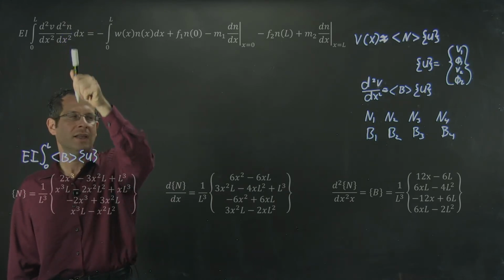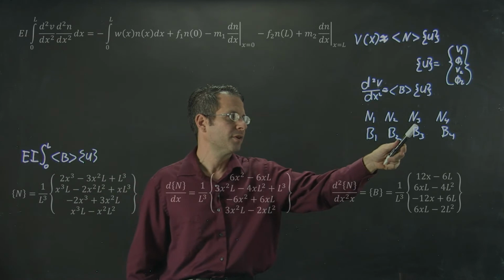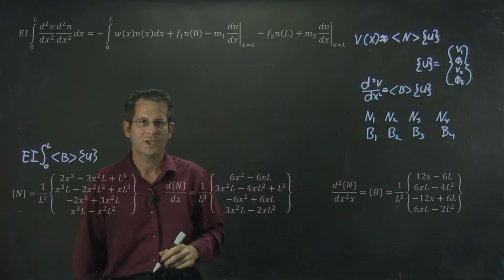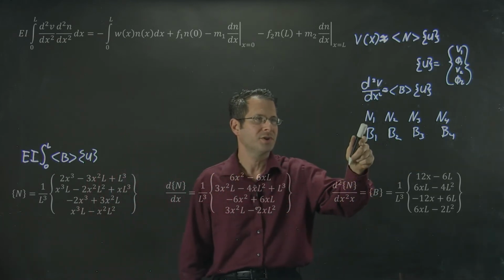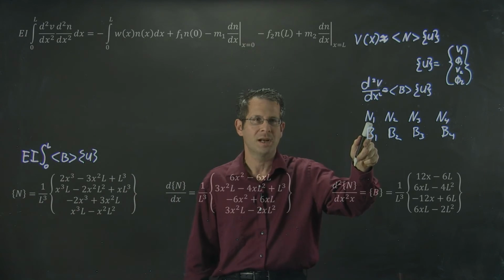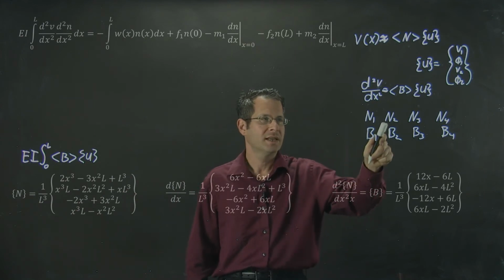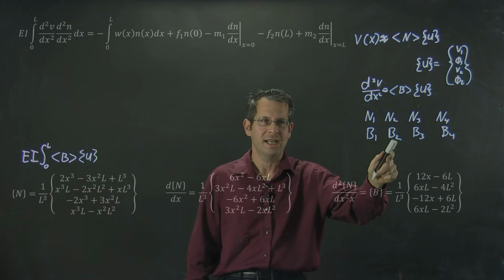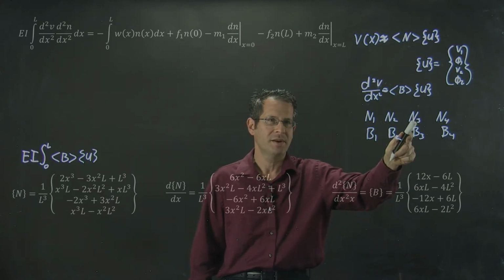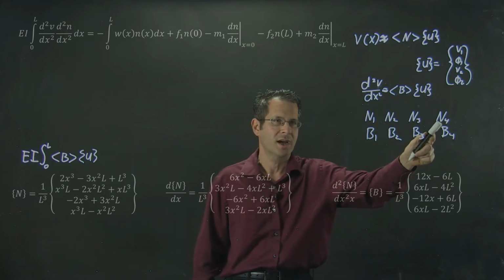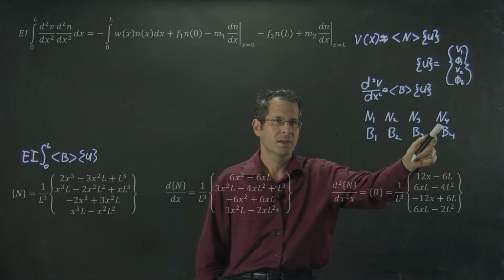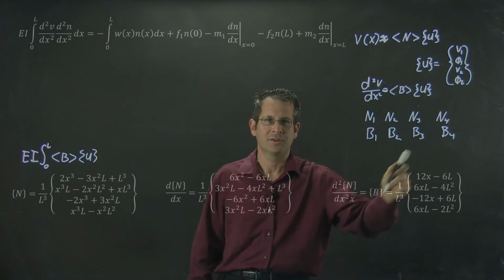Note, however, that I have 4 different virtual functions, so I'm going to do this 4 different times. I'm going to do this first for my first shape function and its derivatives, again for the second shape function and its derivatives, again for the third shape function and its derivatives, and again a 4th time for the 4th shape function and its derivatives.